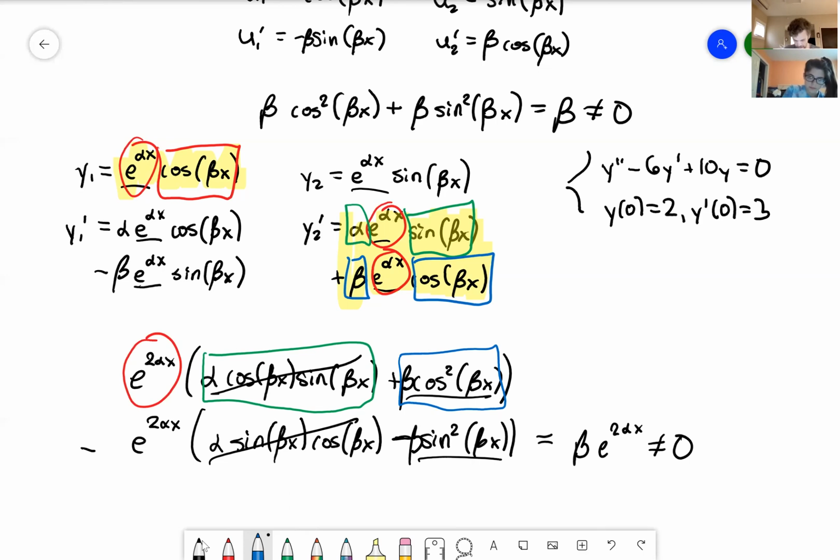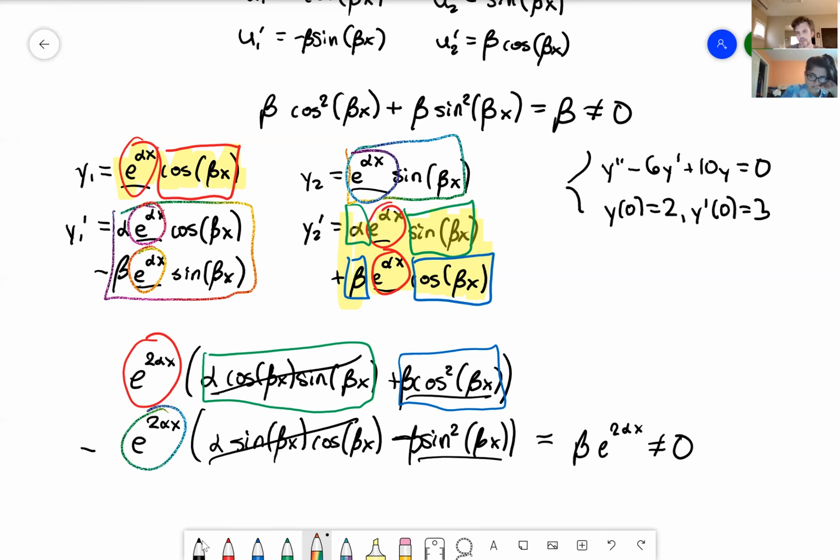And then the second part goes in the exact same way. We multiply this by each of these. And so we have an e to the alpha x here, so we multiply those together to get e to the 2 alpha x.